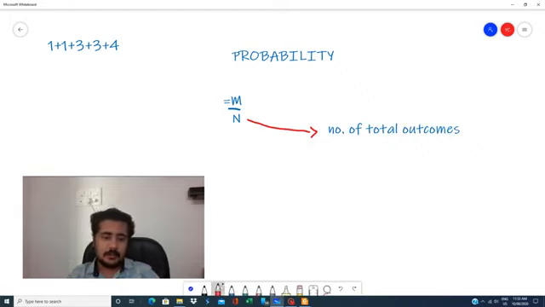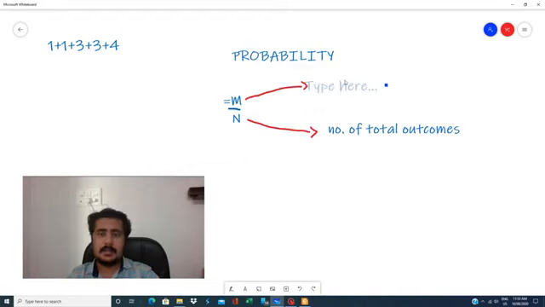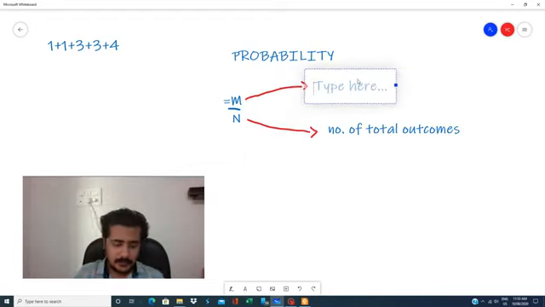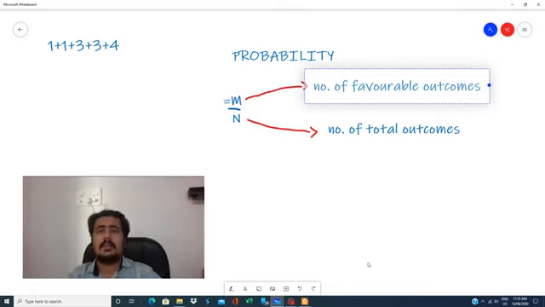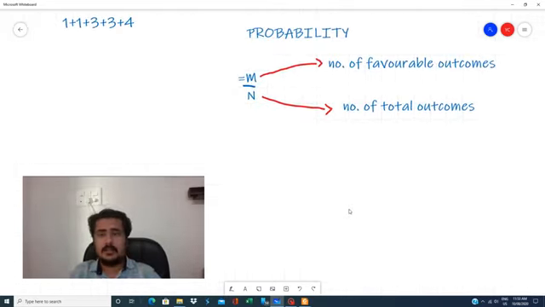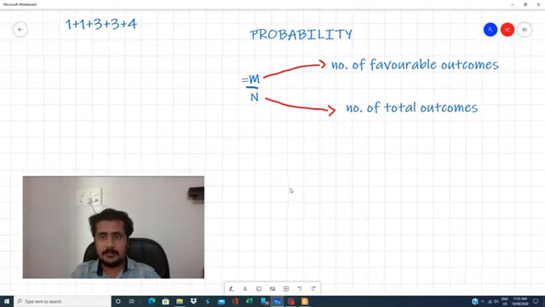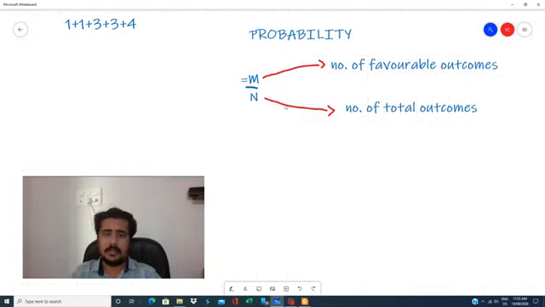Then if I talk about m, now what is m? m is the number of favorable outcomes. n is the number of total outcomes and m is the number of favorable outcomes.